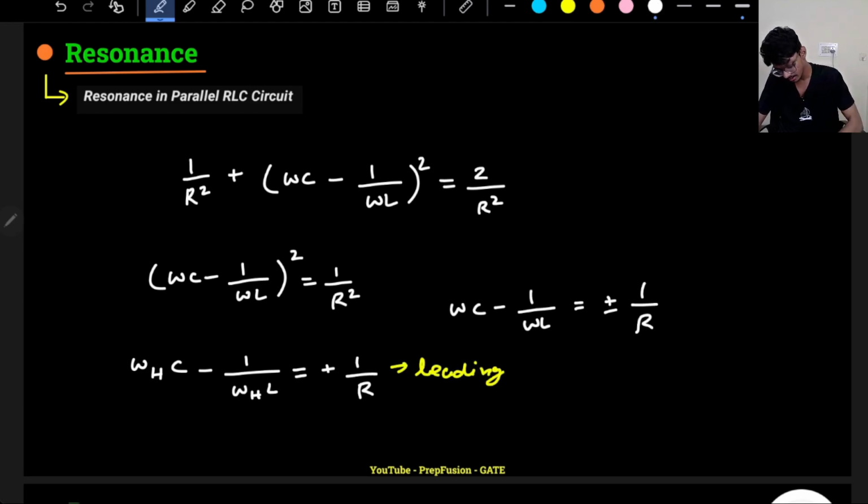Okay, and if it is omega L, that is it is less than omega naught, so it is lagging power factor. So omega L into C will be lower than 1 by omega L into L basically. So this will be minus 1 by R. So this will be lagging power factor.